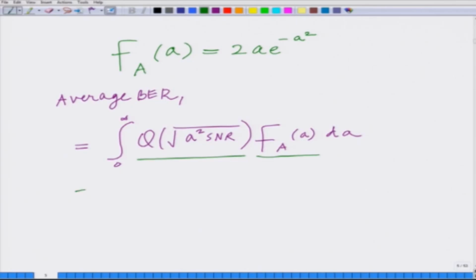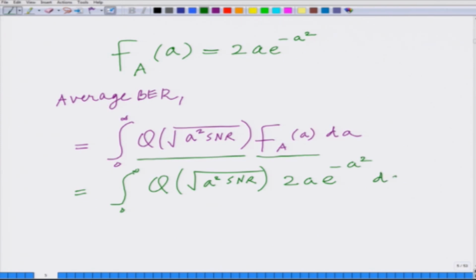That will give me the average bit error rate, average with respect to the distribution of the fading channel amplitude A. Or in other words, this is equal to the integral from 0 to infinity of Q of square root of A square SNR times, substituting the expression for f_A, 2A e to the power of minus A square dA.